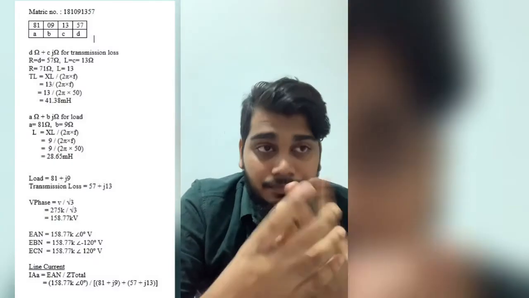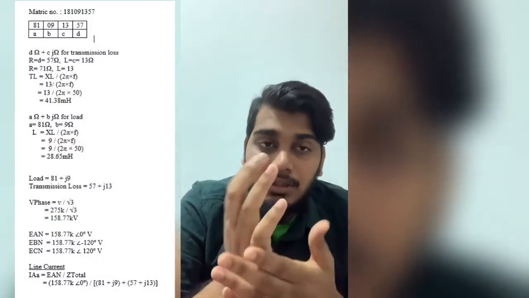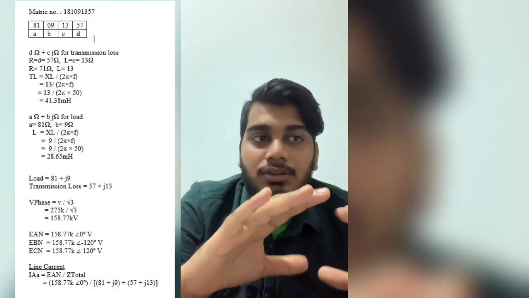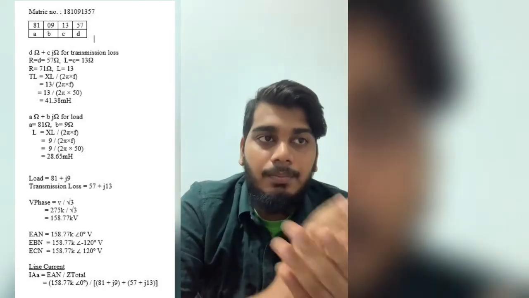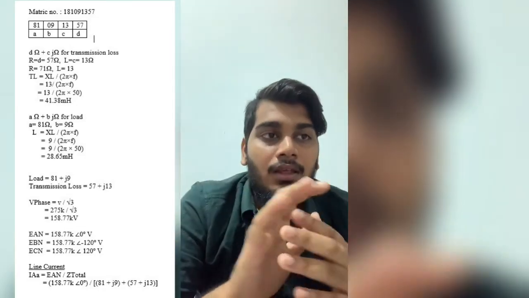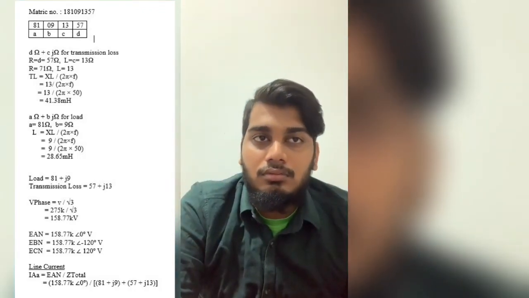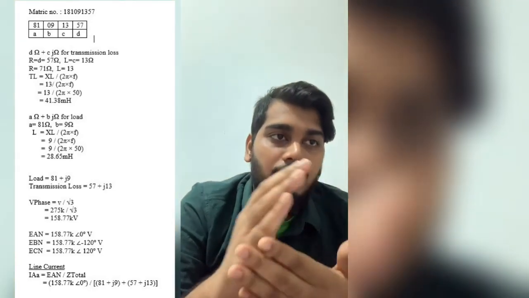And for the calculation, we need to separate our metric card into 4 parts: A, B, C, and D. So for the transmission line, the impedance will be D plus Cj, and for the load it is A plus Bj, and the calculation will go from that.